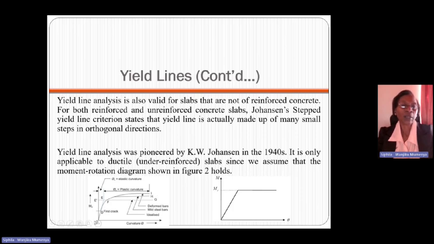The moment rotation diagram, this is the moment, this is the curvature, and the first crack, you can see that line, which I'm showing with my cursor. There is the first crack forming, and beyond that level, you find that you have the curve of deformed bars or mild steel. Mild steel behaves that way, where you have the elastic range and the plastic range.